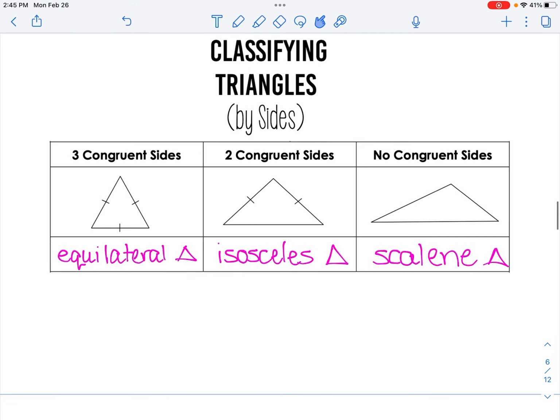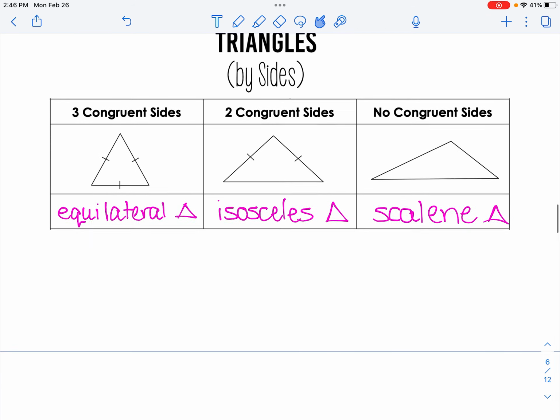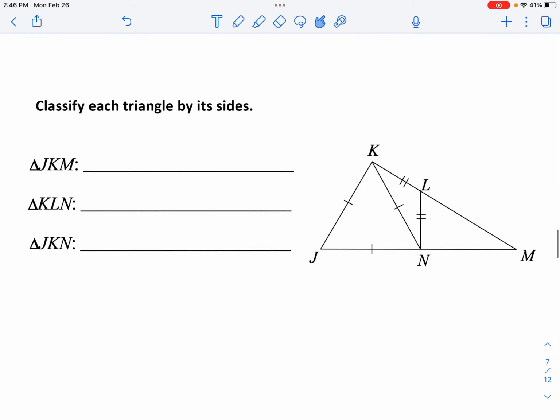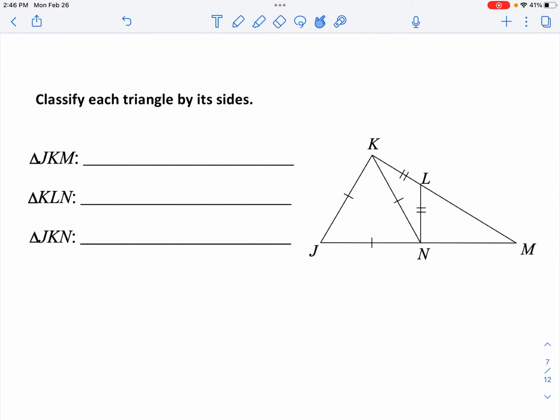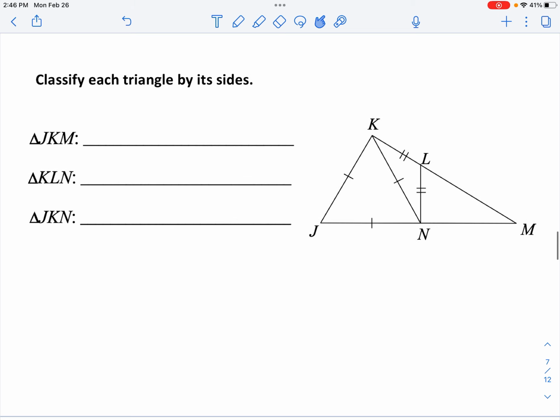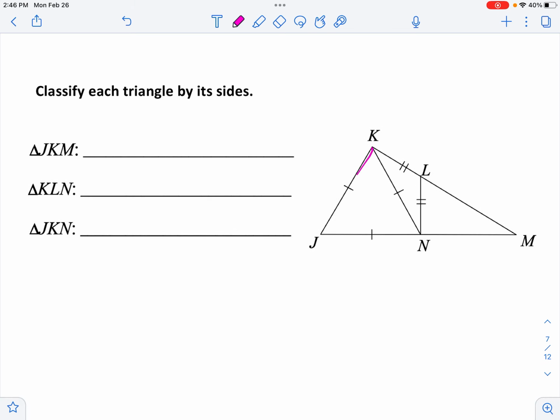All right, so let's take a look at a picture and identify the triangle by its side. All right, J, K, M is the whole thing. And you can see here, none of the sides are the same length. So this would be scalene.